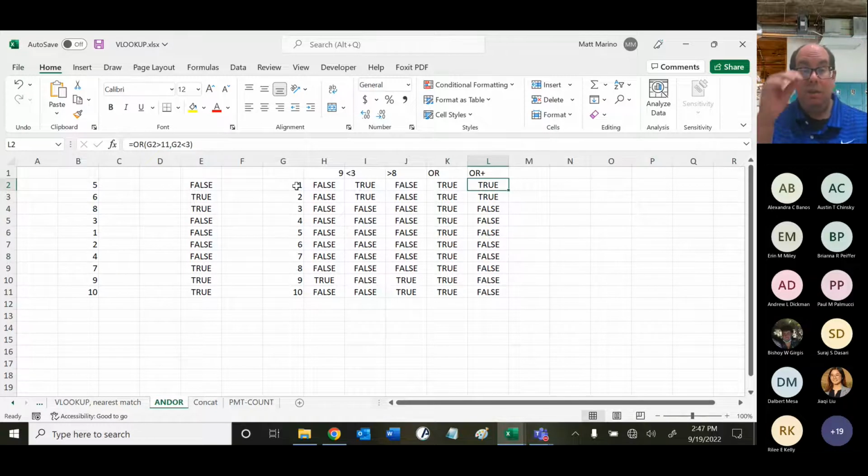And then in column A, we do the same, but we're testing for greater than 11 or less than 3. So you'll notice only 2 of them are true because only 2 of them are less than 3. None of them are greater than 11. Simple enough, right?